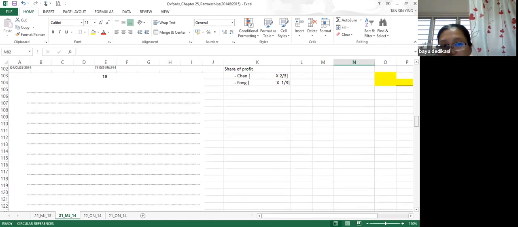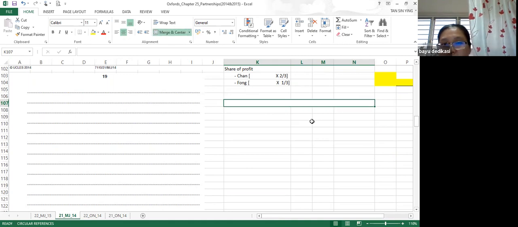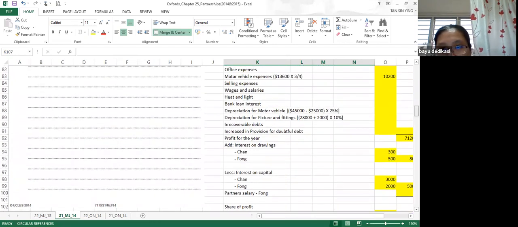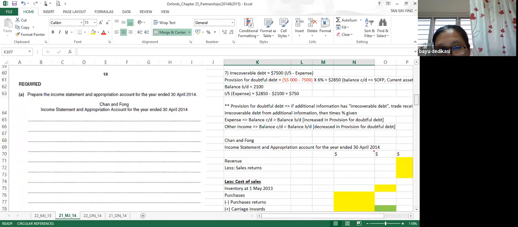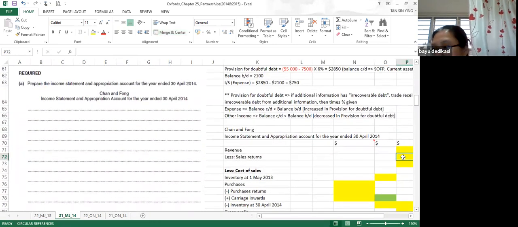You have to start from the beginning, the revenue section. On top, the format is already given. Go up, up, I only need you to put in the correct amount.